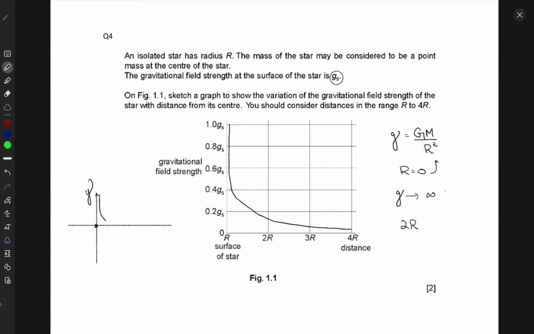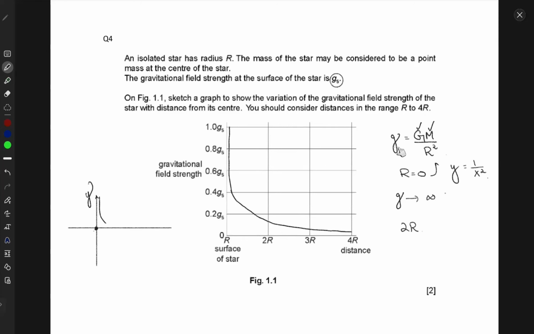I drew this because the graph of y equals 1 by x squared looks like this. The reason is that G and M are constants, so we are only seeing how g changes with varying distance r. So it will look something like the graph of y equals 1 by x squared. Is that clear?